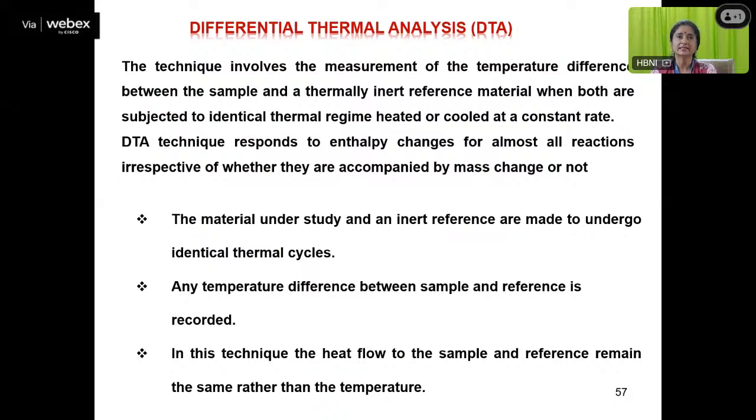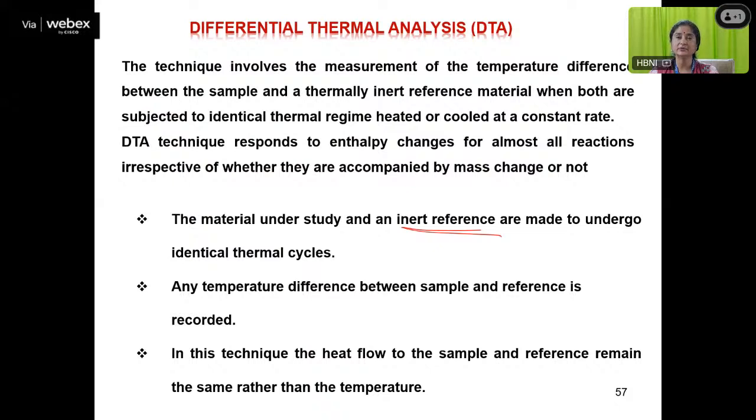Now the DTA technique responds to enthalpy change for almost all reactions irrespective of whether they are accompanied by mass change or not. So the material under study and an inert reference material, whose temperature normally does not change, are made to undergo identical thermal cycles.